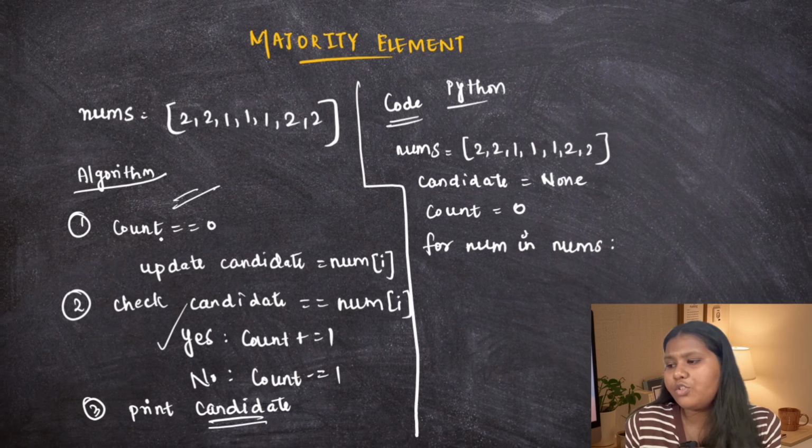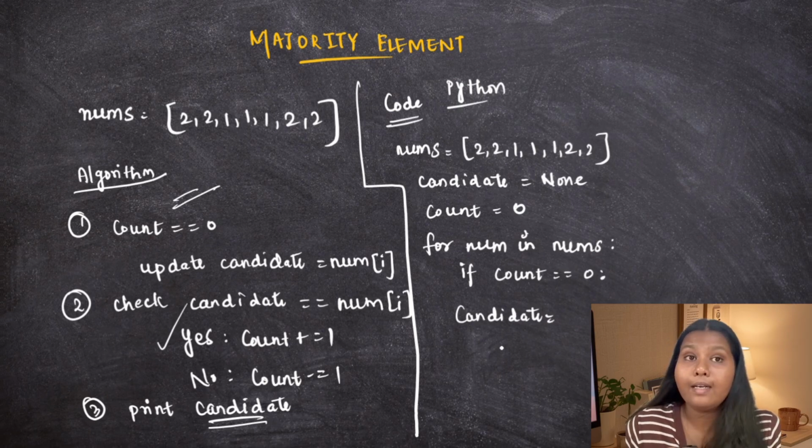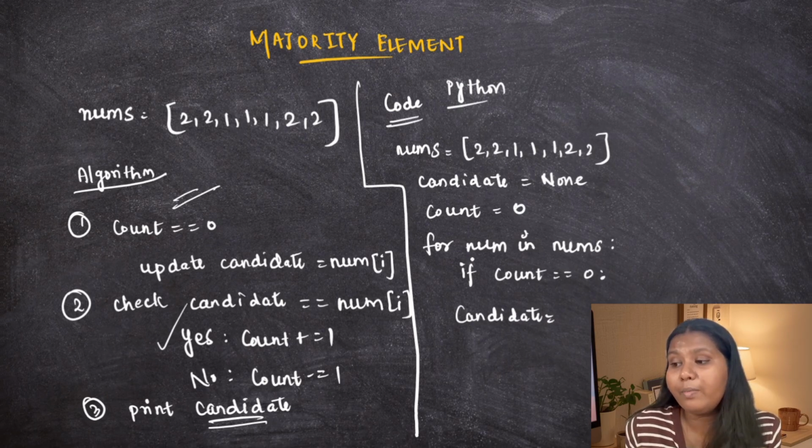Now let's continue the process. First step, check the value of count. If count is equal to 0, then what should you do? You should update the value of candidate. The candidate becomes the current number we are traversing. The current number we are traversing is stored in this variable num. So the candidate becomes num.